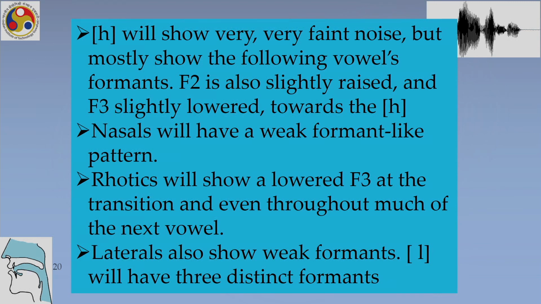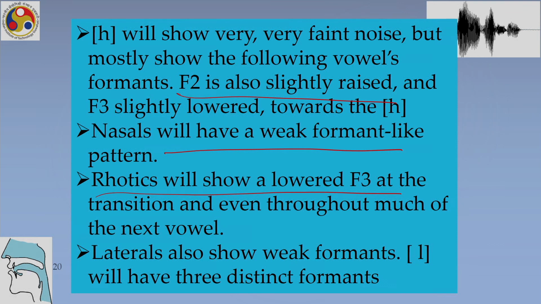F2 is raised, and nasals have weak formants with a formant-like pattern. Rhotics will show a lowered F3, and laterals and glides will also show weak formants. So, we will see how this happens. Rhotics with a lowered F3, h with the F2 raised, okay, and nasals with their weak formant pattern.